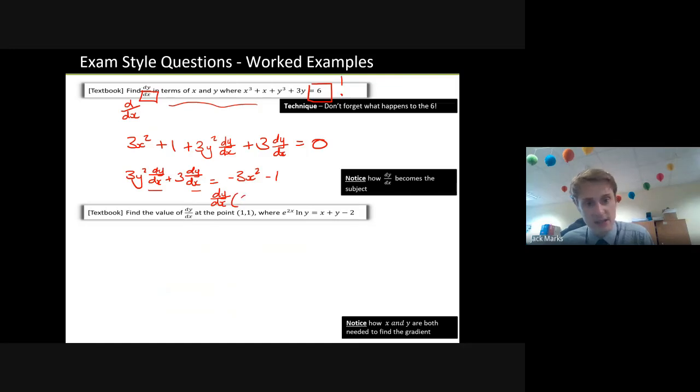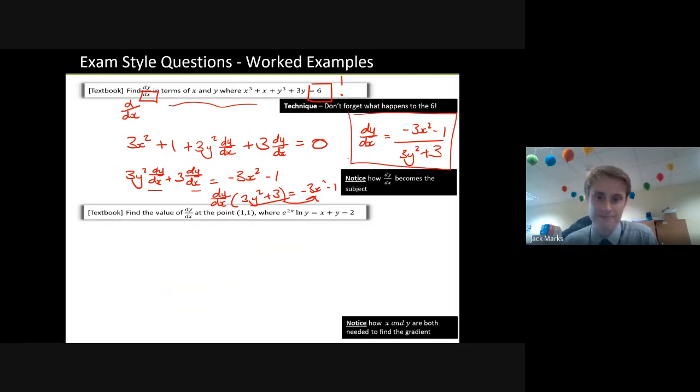So dy/dx of (3y squared plus 3) equals minus 3x squared minus 1. And then you move this part underneath. So your final answer will be dy/dx equals (minus 3x squared minus 1) all over (3y squared plus 3). Just check. Yeah, that's what it wanted in terms of x and y.